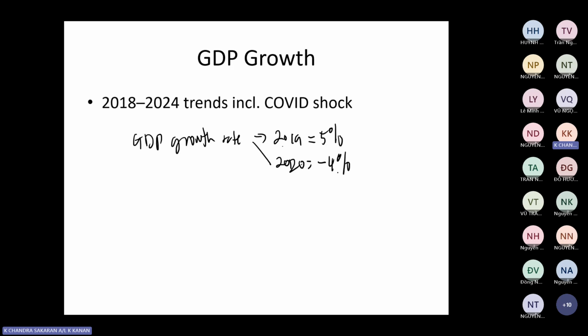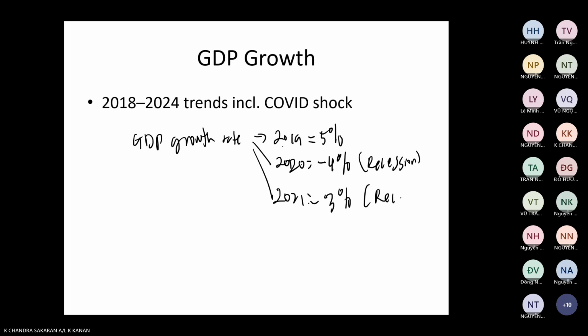That means the economy contracted. So this already shows we have recession. You can take data like that. This one shows 3% positive, the economy has recovered already. In 2022, the economy is more stable now.